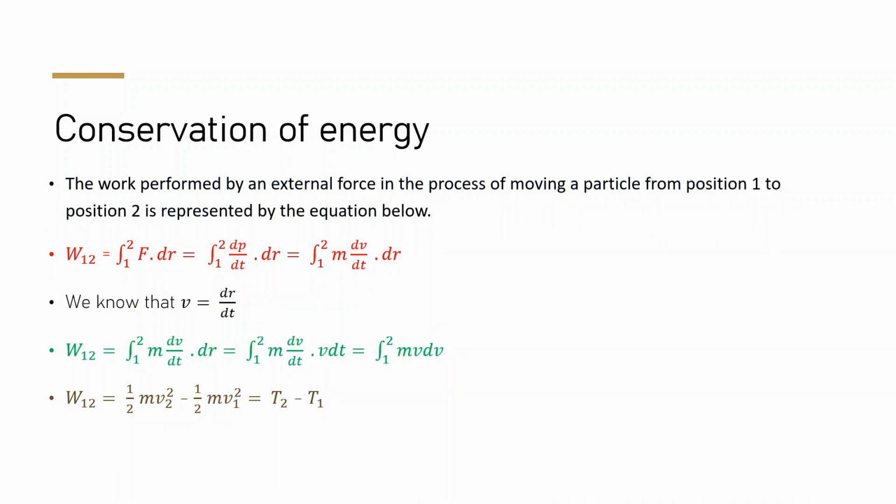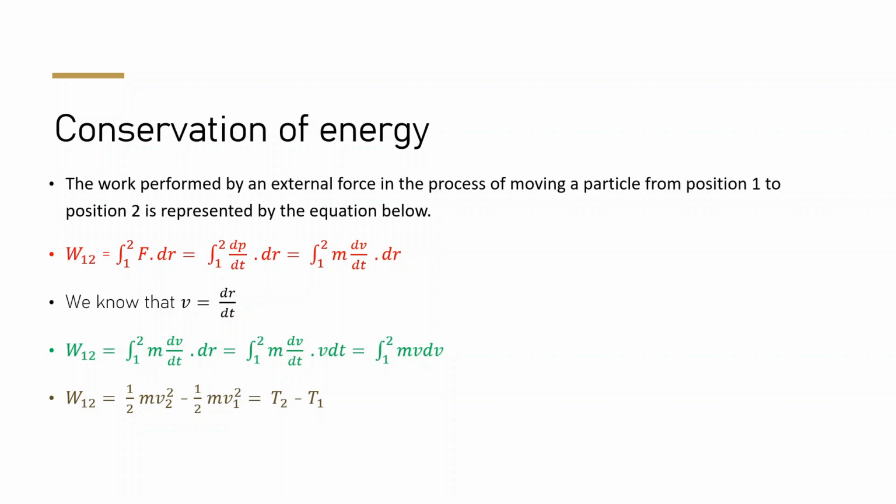Now we have to go for conservation of energy. For that, we should talk about work done in displacing a particle from one position to another. The work performed by an external force in the process of moving a particle from position 1 to position 2 is represented by the equation W12 equal to integral F dot dr, limit varying from 1 to 2. Usually replace F by means of dp by dt.